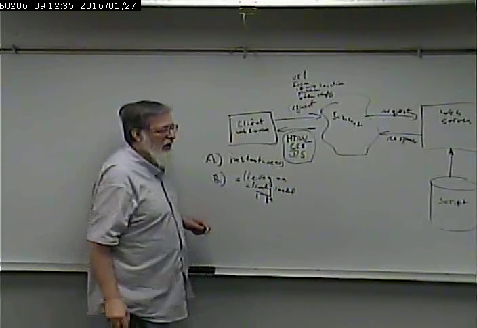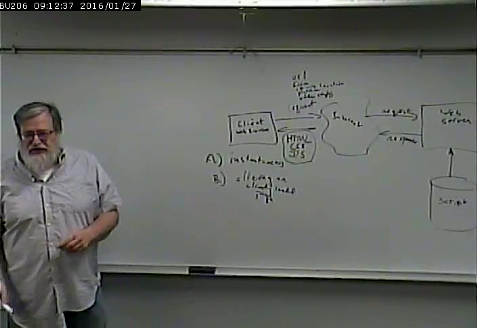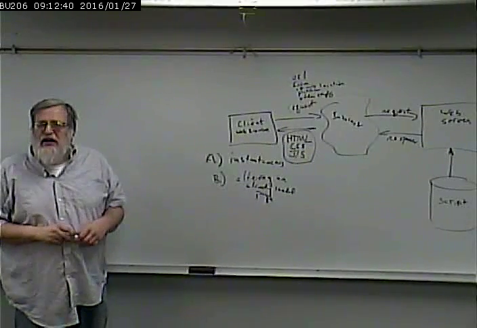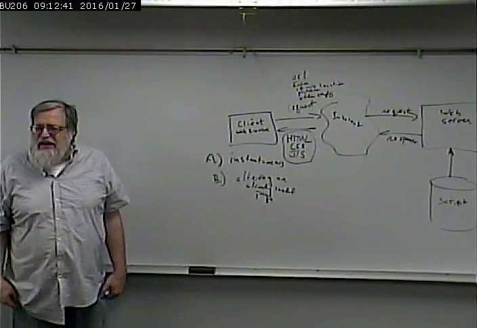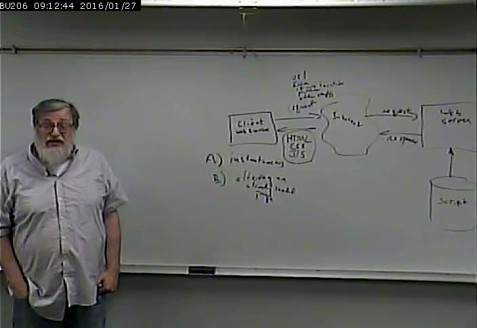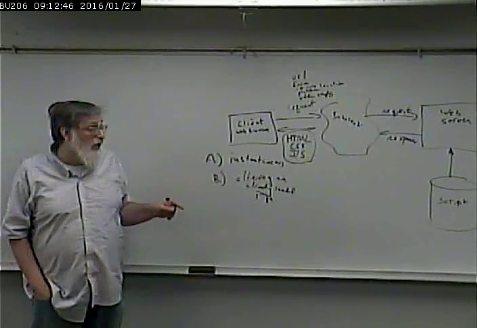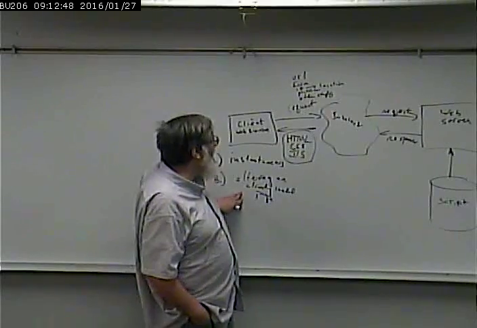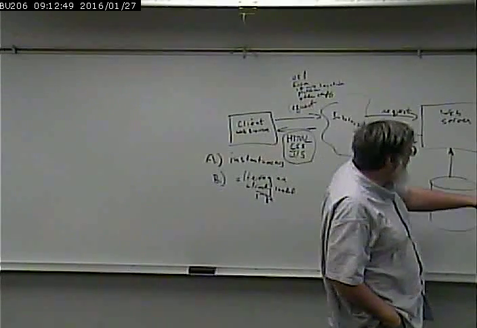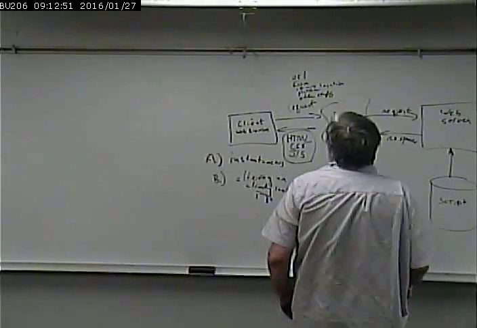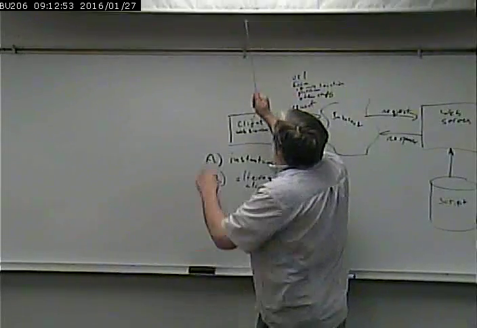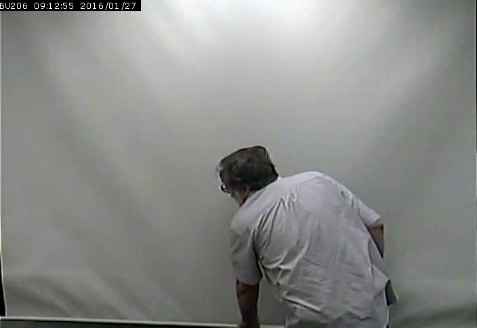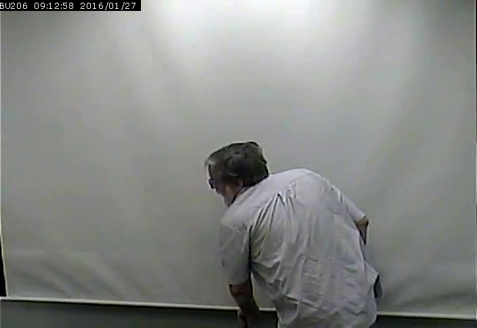Now, we can find exceptions to this. We can find behavior that doesn't fit either of these two categories, or actually, it fits both categories. It has some characteristics of client-side scripting, and some characteristics of server-side scripting. Let me give you the classic example. I go to Google, and I start typing in the address bar.